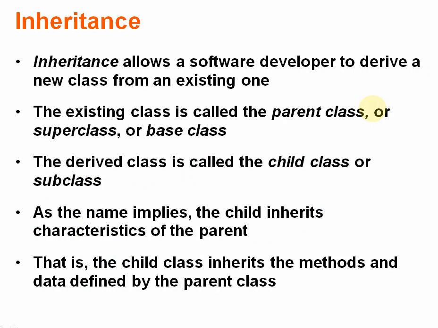So in the next slide, there are a few important points about inheritance. It allows a software developer to derive a new class from an existing one, where the existing class is called the parent class or the superclass or base class, and the derived class is called the child class or subclass.